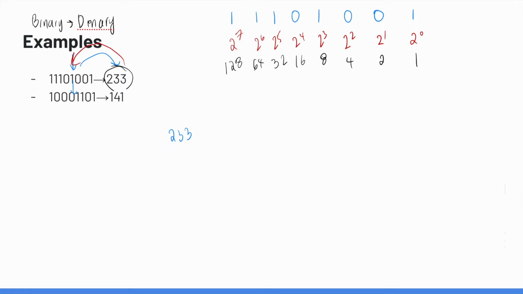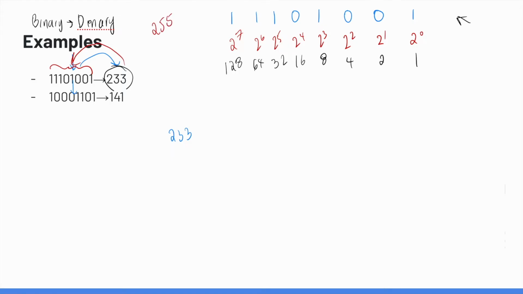What you want to do first is start out by filling in. The idea is that you want to have the fewest possible ones in your value. So we're going to start by filling in the biggest values that we can fit into our number. Generally, the highest possible number we can have with 8 bits, and this is 8 bits, right, is going to be 255.